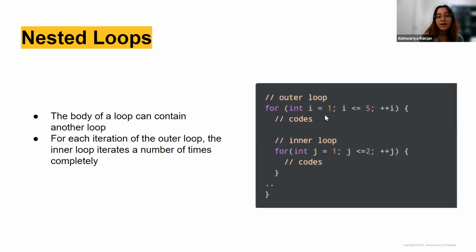Then we go back, i gets updated, so i is 2, and j runs twice again. Then i is 3, j runs twice again, and it happens until i is 5. So for each run of the outer loop, the inner loop is running twice.